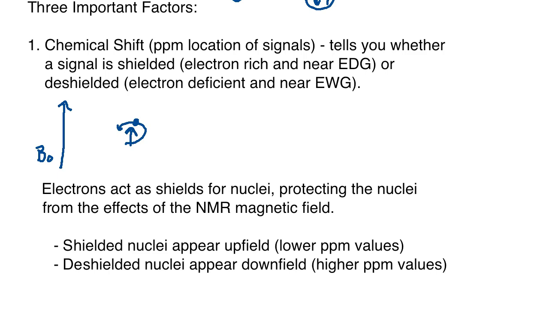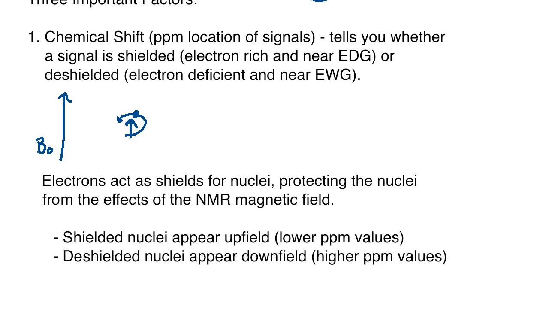Now this is sort of an oversimplification of the atom, but this still works for the purposes of our discussion. So when these electrons are spinning and shielding this nuclei, it doesn't feel the effects of the magnetic field as strong. And so when that's the case, you're going to end up having these nuclei shielded from the magnetic field, and their ppm is going to be lower.